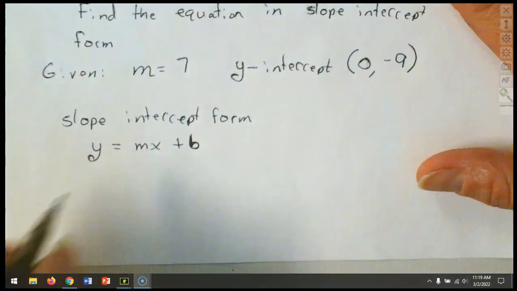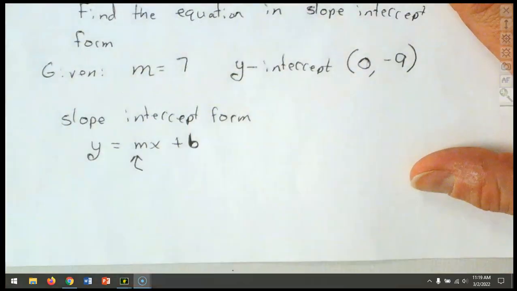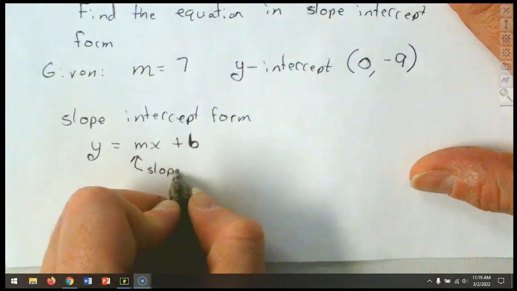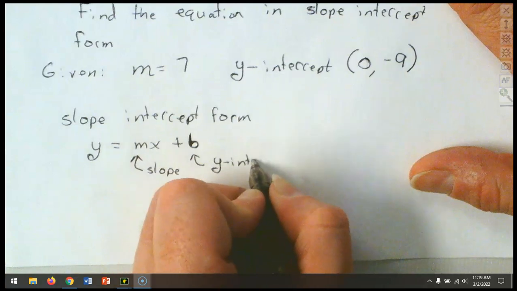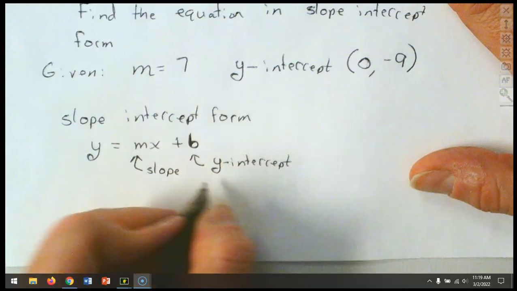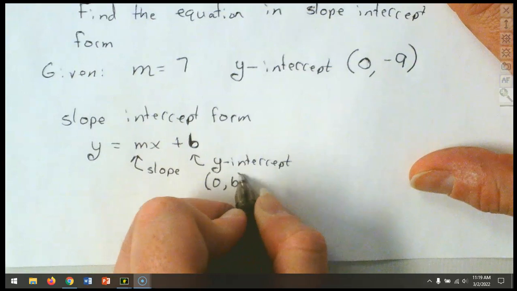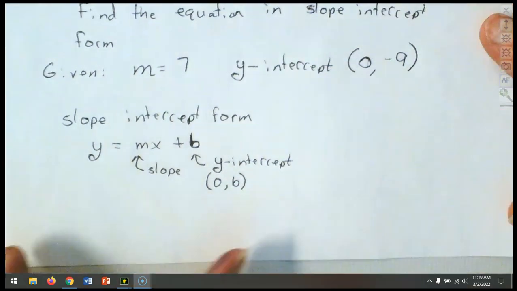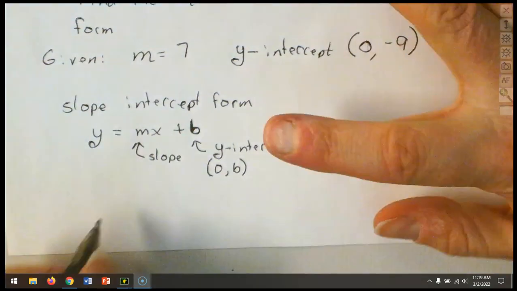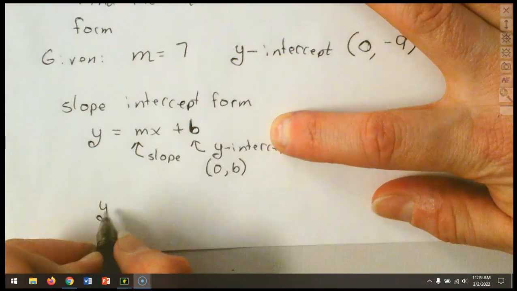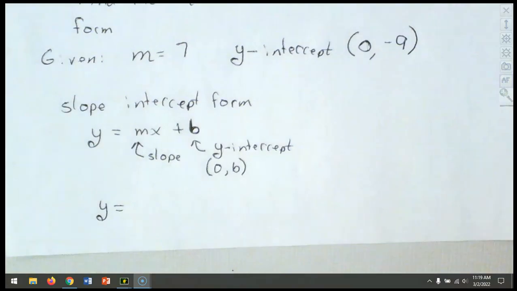Okay, now, this m, well, that's your slope. And this b, remember, that was the y-intercept. And it was 0, comma, b. Look at what we've got now. How would you write this equation? And we'll do 2 of these just to make sure we have this part down. And then we'll talk about what you can go through in your homework.